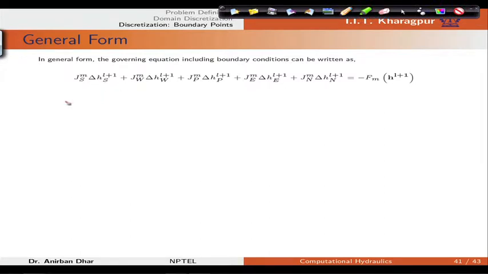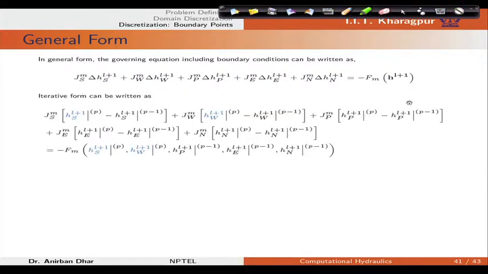So, this is nothing but J s into del H s L plus 1, this is J w, J p, J e, J n. So, this is same on the right hand side we have this minus F m.